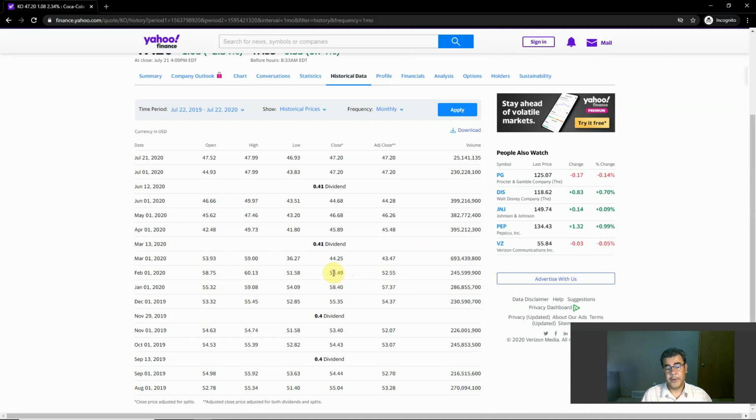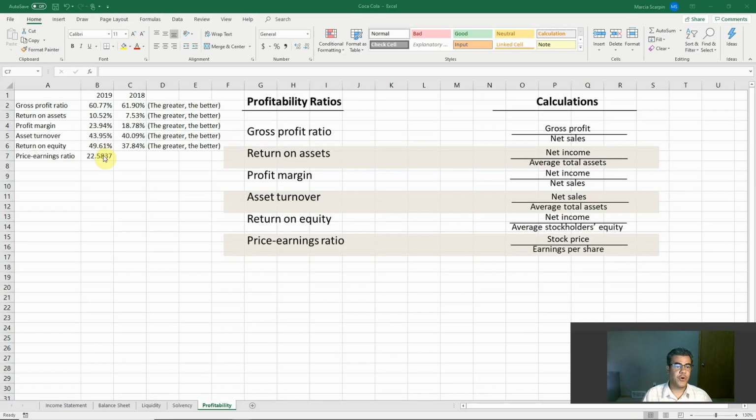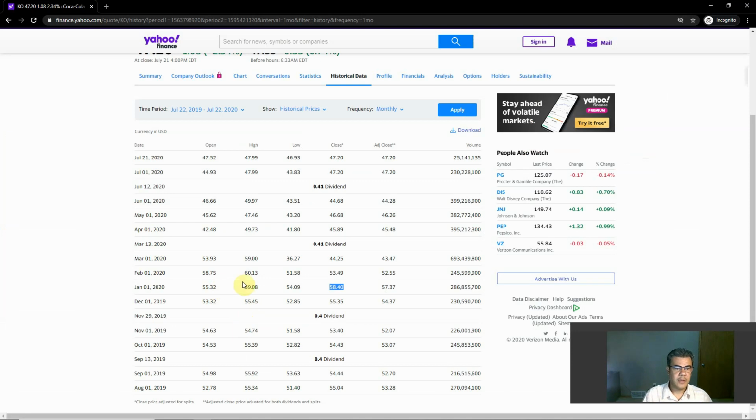Okay, let's take the close number usually. Okay, our income statement is from December 2019. So let's take the number on December 2019, 58.4. Let's check if we have the August. Oh, time periods. Start date.